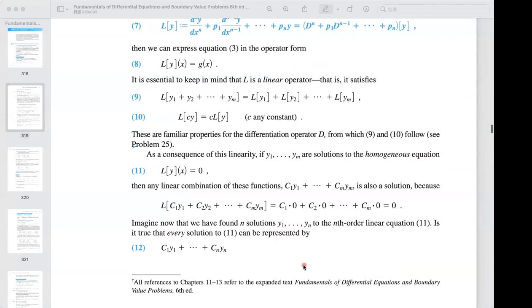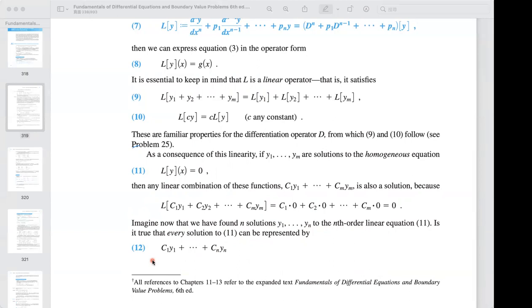Okay, so now if we can find n solutions, y1, y2, dot dot dot, yn, to the nth order linear equation, is it true that every solution to our homogeneous equation 11 can be represented by a linear combination of these n solutions?